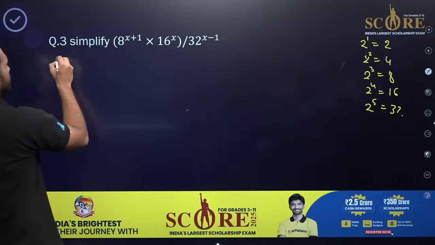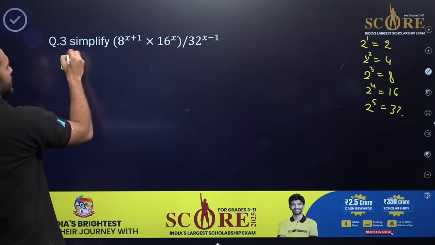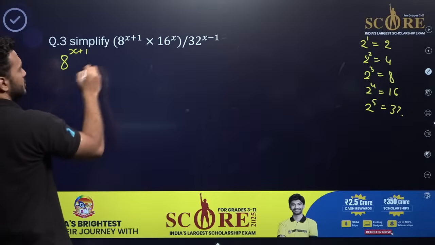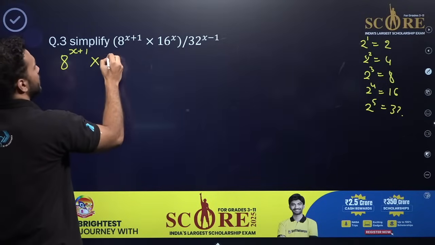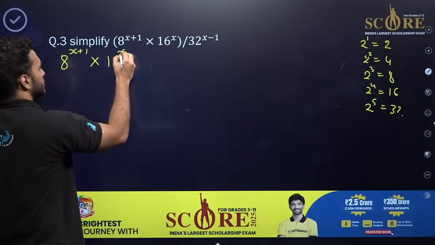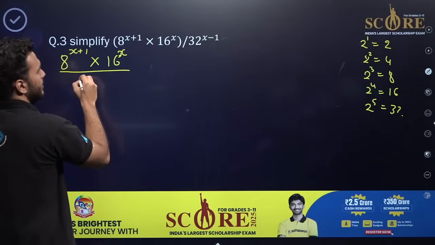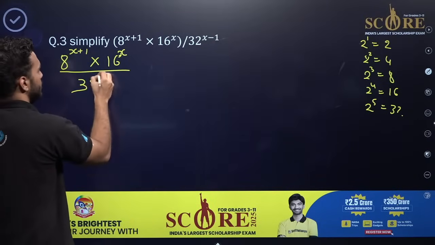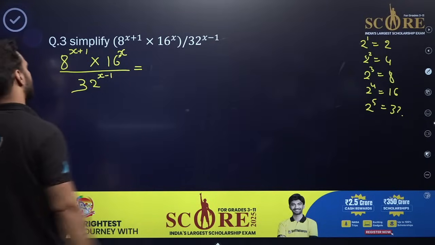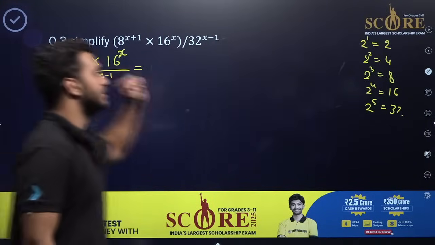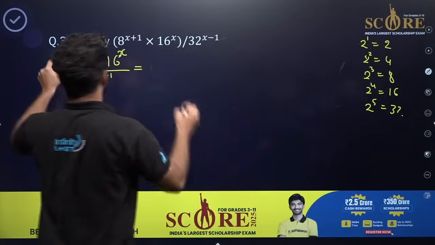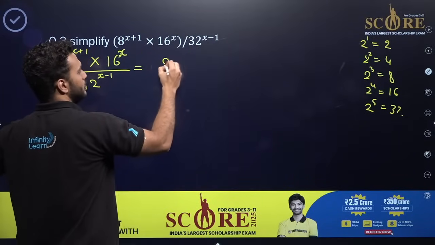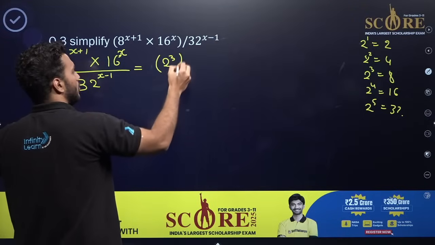Now, we have to simplify 8 to the power x plus 1 multiplied by 16 to the power x, divided by 32 to the power x minus 1. See, 8 can be written as 2 to the power 3. So instead of 8, I am writing 2 to the power 3. And what do I have in the power?